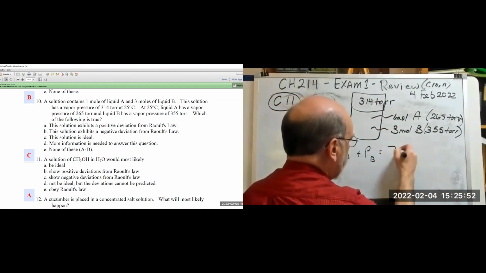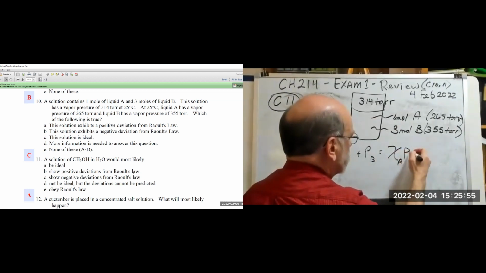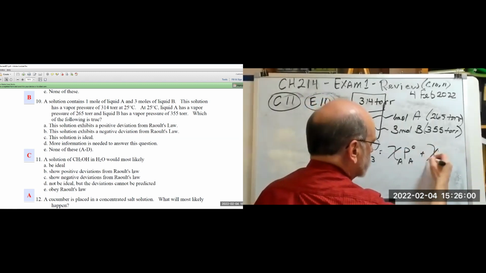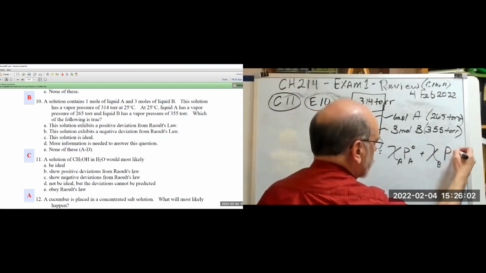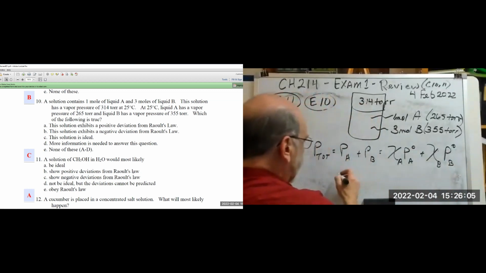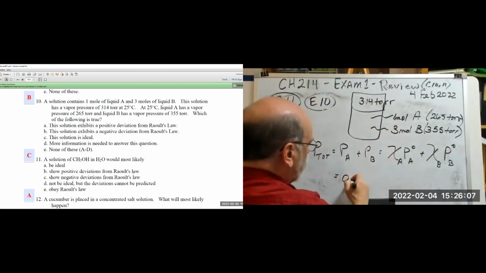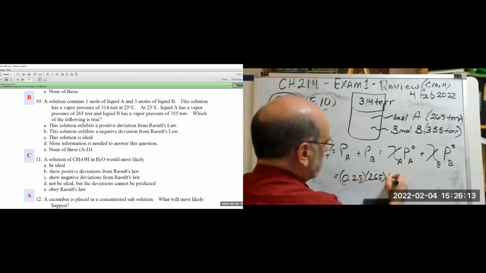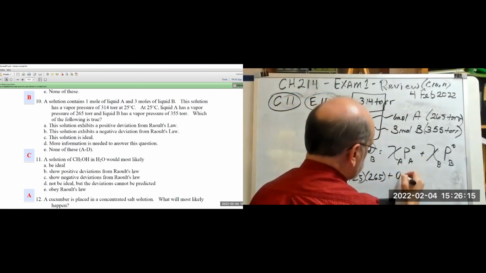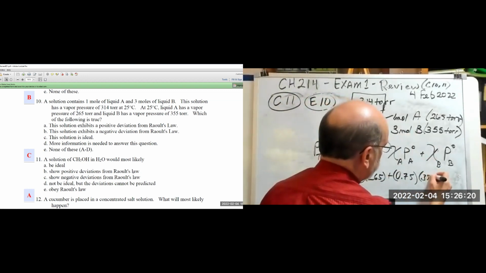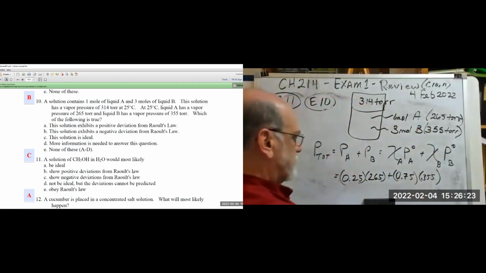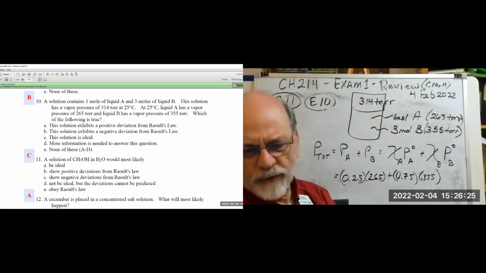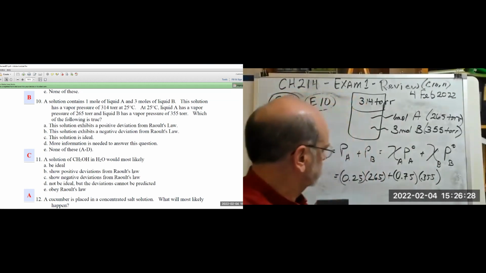So the mole fraction of A times the pure A plus the mole fraction of B times the pure B. And that would be 0.25 for A times 265 plus 0.75 for B times 355. Now, I don't think we need this, but it's a good exercise.